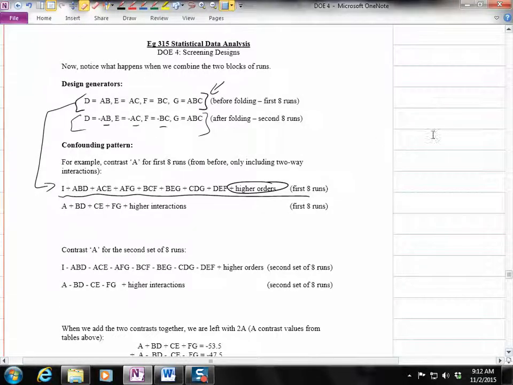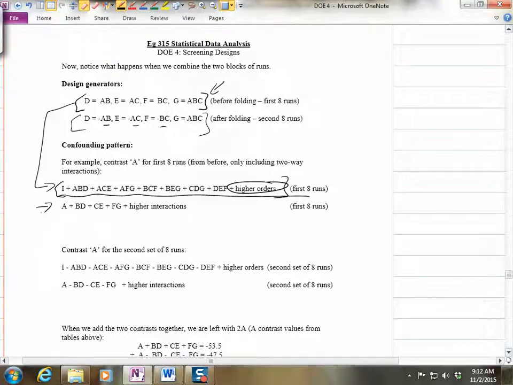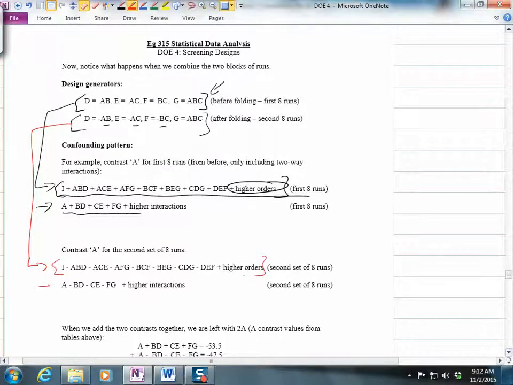In the first 8 runs, we have that defining relation, and as an example, I said A is confounded with these in the first 8 runs. If we look at the second 8 runs, that's the defining relation, and A is now confounded with the same things, but a different sign.